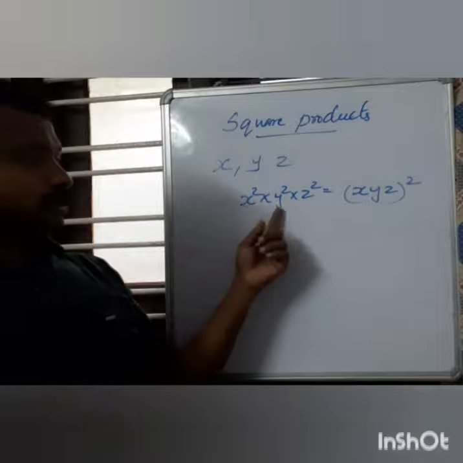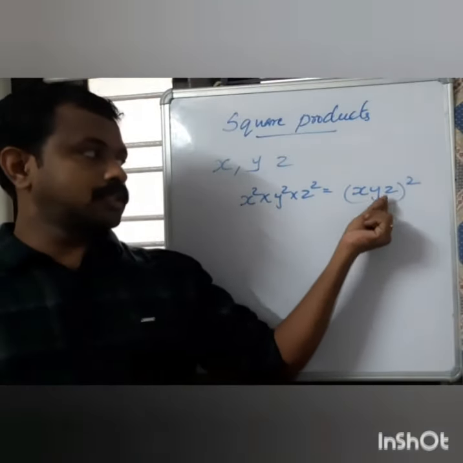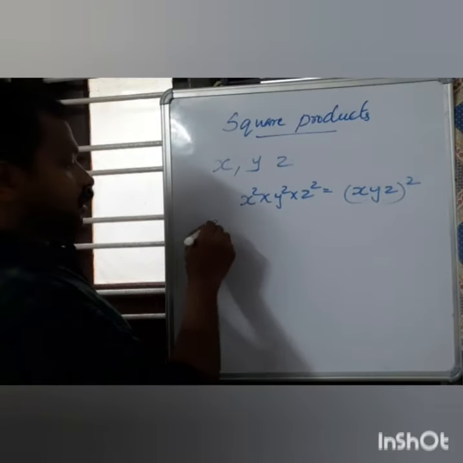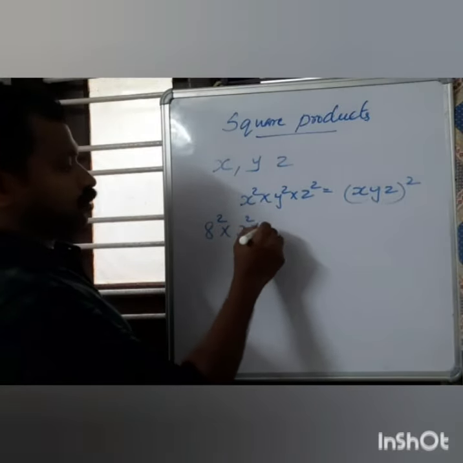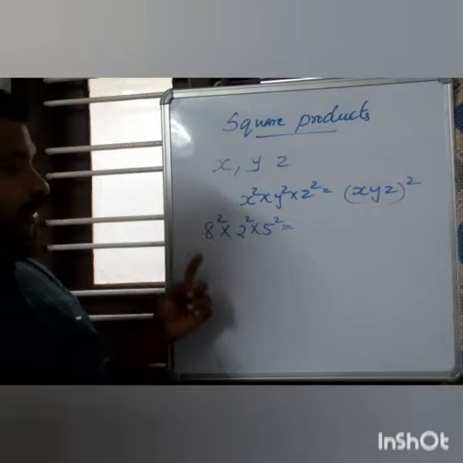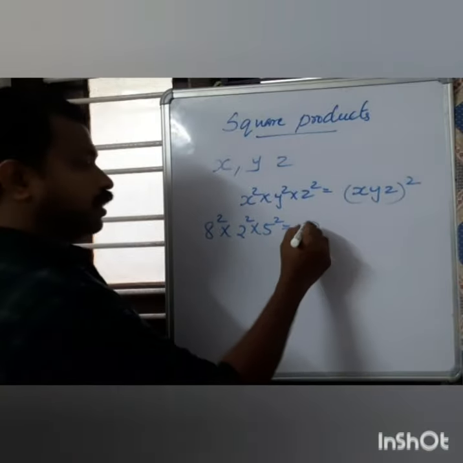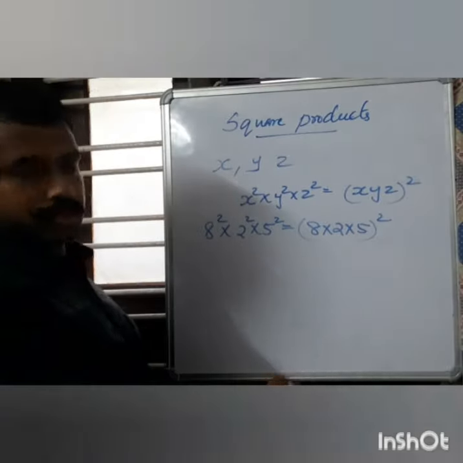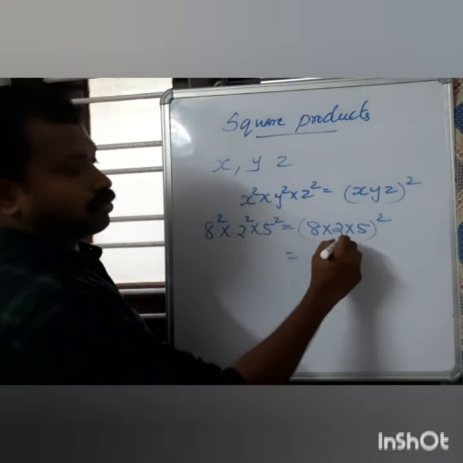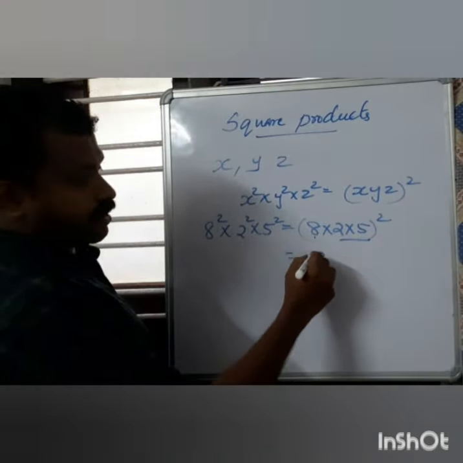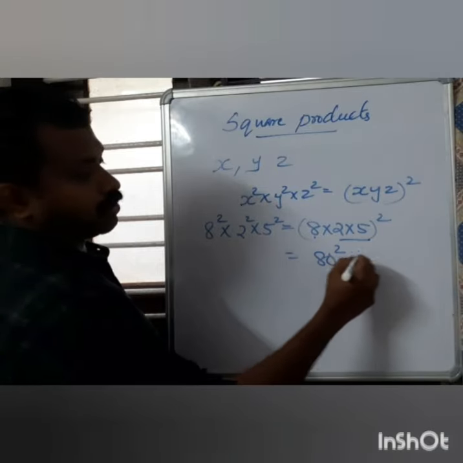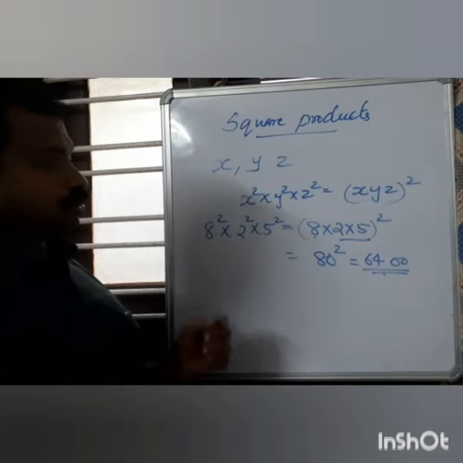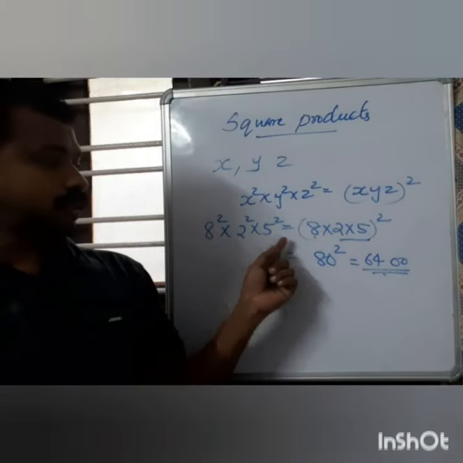So x square into y square into z square is xyz whole square. 8 square into 2 square into 5 square is 8 into 2 into 5 whole square. What is 5 into 2? 10. 10 into 8? 80. So 80 square. 8 square is 64, then 2 zeros.